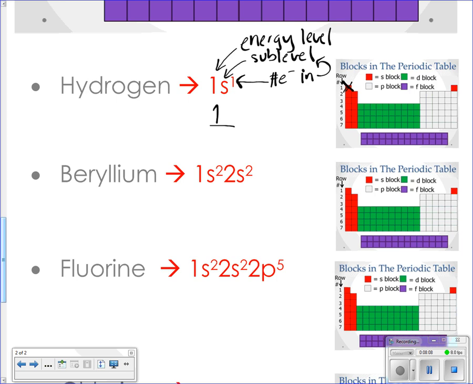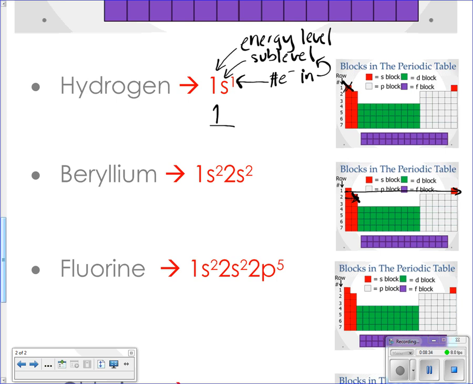Now let's try beryllium. Beryllium is located right here on the periodic table. So we need to read across the periodic table until we get to beryllium. We'll start at the very top corner where hydrogen is, and read across until we get to beryllium.